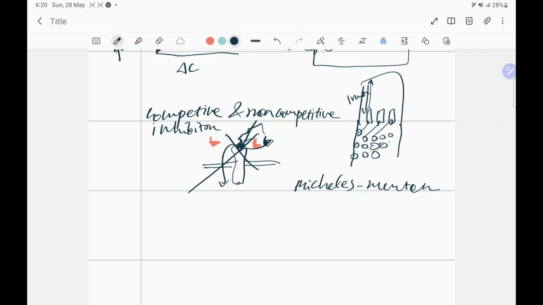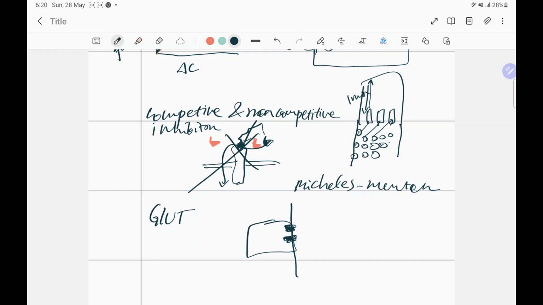And an example of this is the GLUT transporter for facilitated diffusion. You have these transporters in the basement membrane of your intestinal epithelium, or in your proximal convoluted cells.